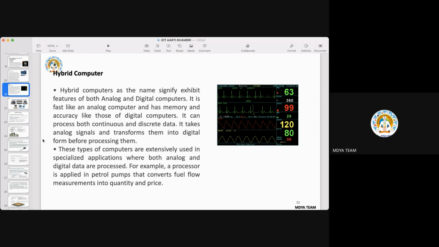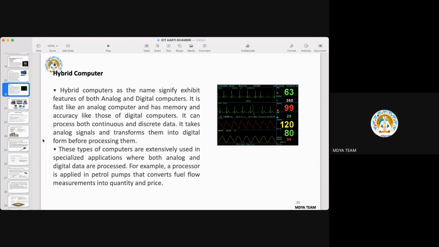And also there are some hybrid computers in hospitals. They have display machines which show the heart rate, your oxygen level, your temperature, and whatever monitor system they have by the side of the bed of a patient.